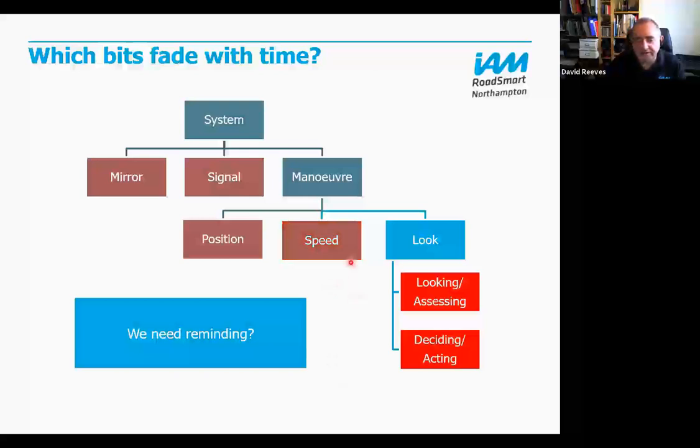Speed. That's an interesting one because nobody is going to remind you of that directly, probably. However, the first few times you drive solo and there isn't somebody saying, slow down a bit for this bend, you try it faster and faster and you get away with it until it rains or something untoward happens, or the bend is slightly sharper than you thought it was.